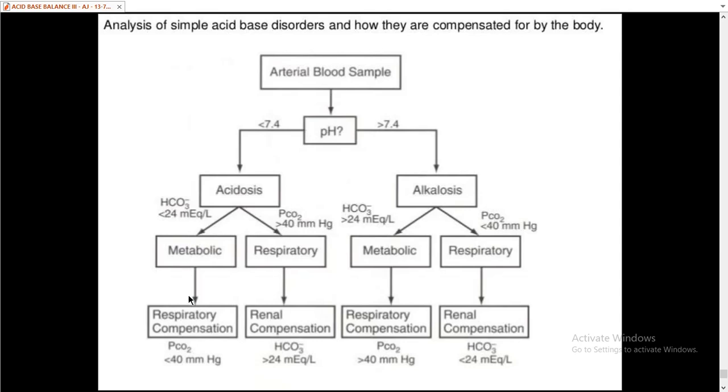In metabolic acidosis, the compensation is respiratory, while in respiratory acidosis, the compensation is renal. Similar is the case in alkalosis. When there is disturbance in the bicarb, you label it as metabolic.